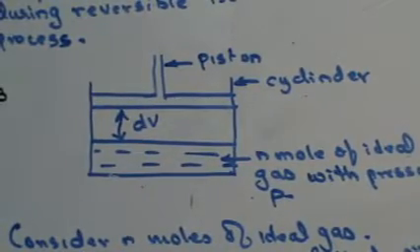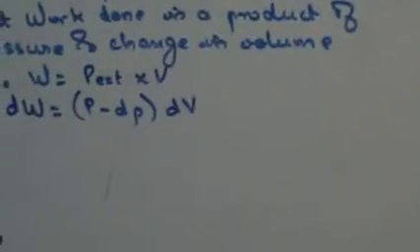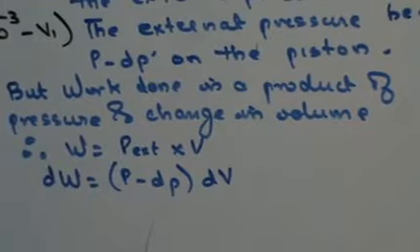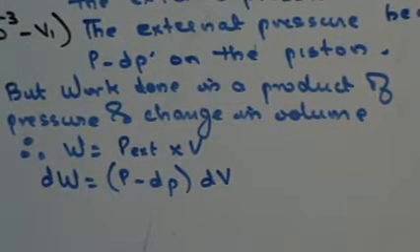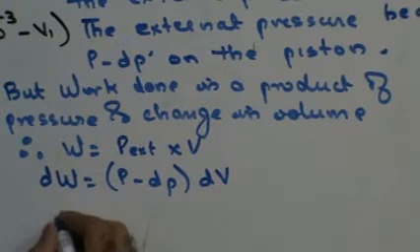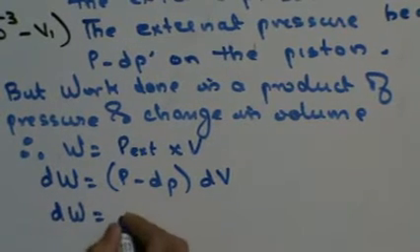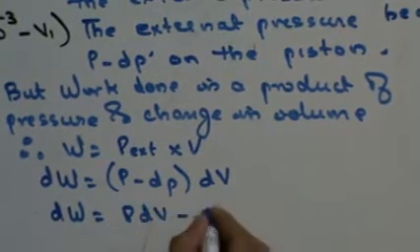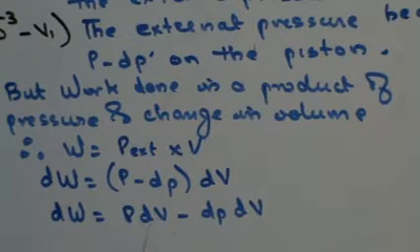Therefore, if the volume changes by a small amount, there will be only a small amount of work done. Therefore, my work done will be dW. Hence, I can say dW is equal to (P minus dP) into dV. Open the brackets and simplify. dW is P dV minus dP dV.